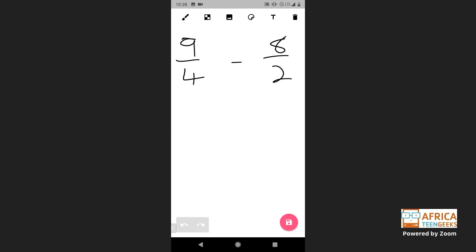How many times did we move from 4 to actually reach that 108? We basically moved 27 times. Guys, you can move as much as you can as long as you find your lowest common multiple. So we moved 27 times to get our 108 as our lowest common multiple, so we'll multiply it by 27.